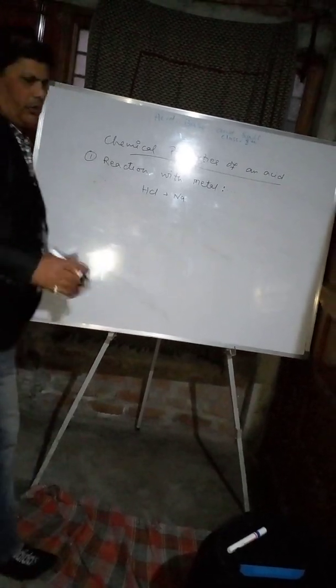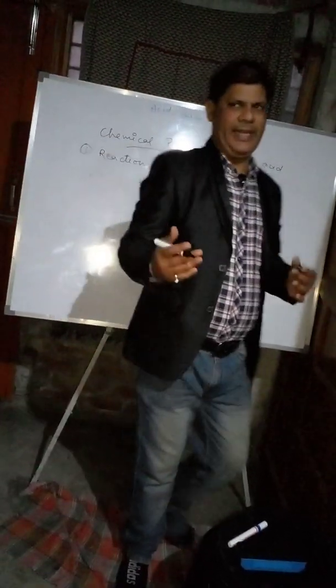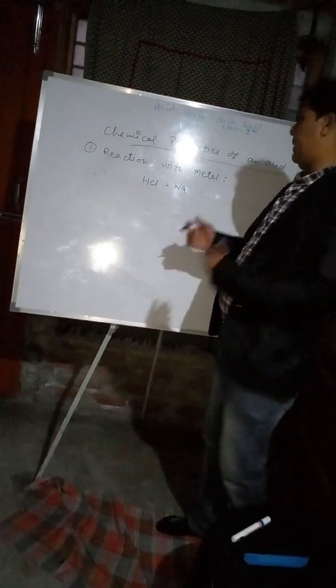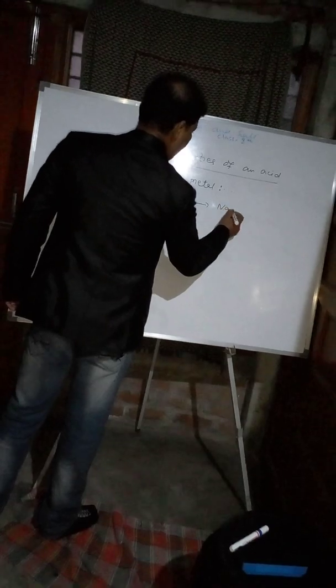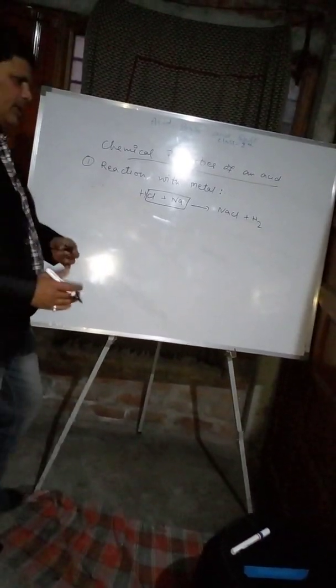So what will we get? Chlorine is reacted with sodium, NaCl, and hydrogen. So this reaction is not balanced.